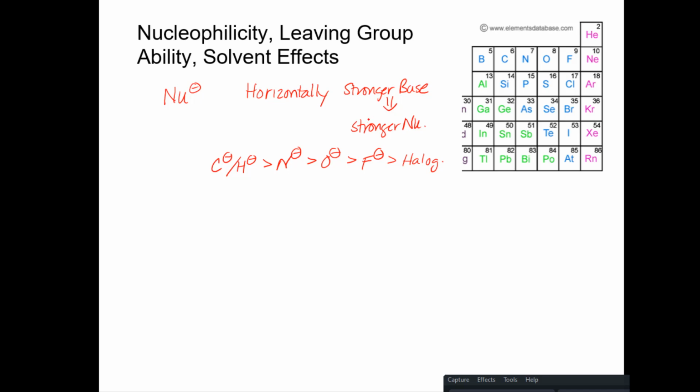However, experimentally what's found is that for vertical relationships, iodide is a stronger nucleophile than bromide, which is a stronger nucleophile than chloride, which is then stronger than F minus. So this is in terms of nucleophile strength.